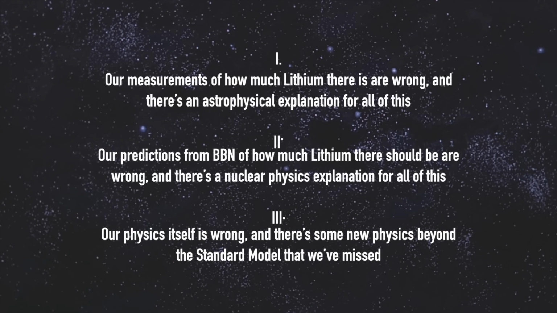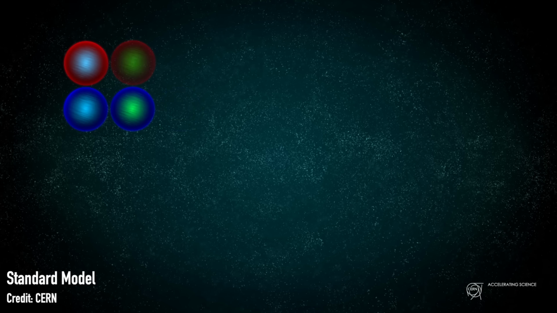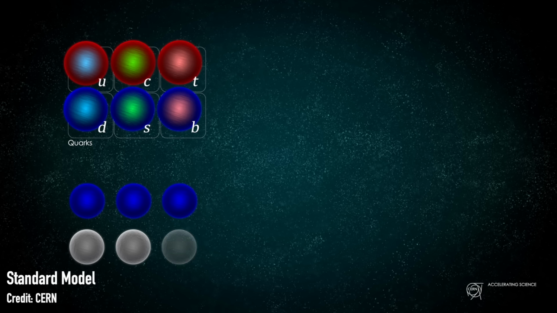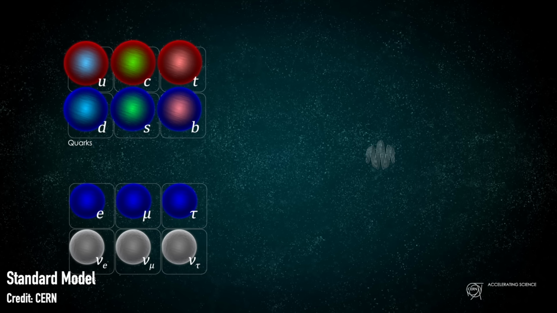So what about the scenario where our measurements are right and our knowledge of all the reactions taking place are right, but the physics itself is wrong? Perhaps there's something wrong with the standard model of particle physics that underpins all of the Big Bang nucleosynthesis predictions. For example, the standard model currently doesn't have any explanation for dark matter.